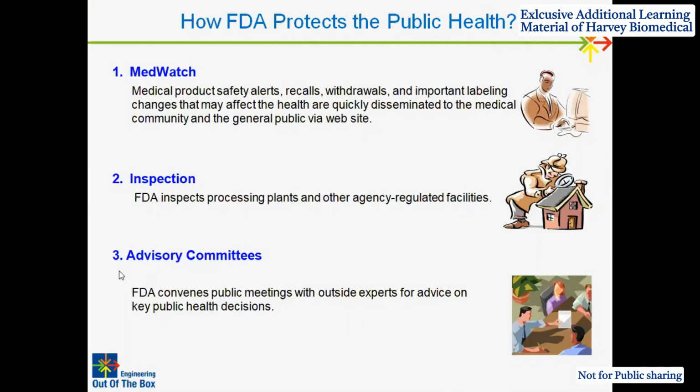And advisory committees: FDA convenes public meetings with outside experts for a device on key public health decisions. These advisory committees are meetings FDA conducts with experts, and they give advice on public health decisions if anything needs to be taken care of in future.